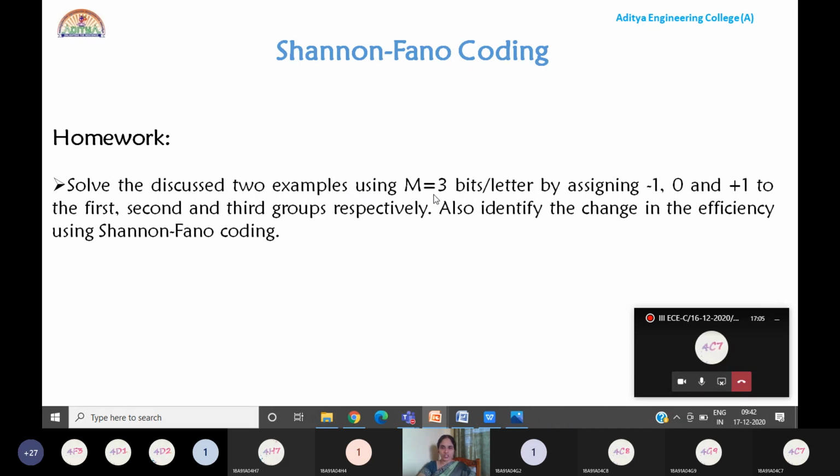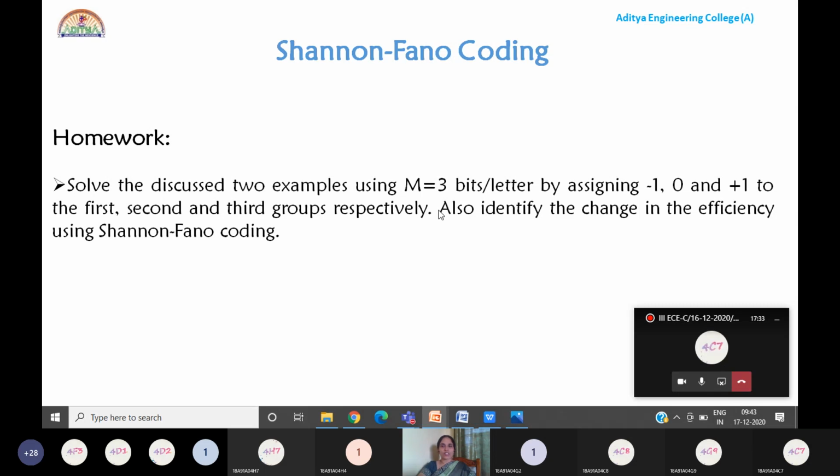Whenever m is equal to 3, we have to partition it into 3 subsets. As the partitioning value increases, you have to partition into more subgroups, and assign the code symbols accordingly. Here we consider the 3 symbols as -1, 0 and +1, for the partitioning value of 3 bits per letter.